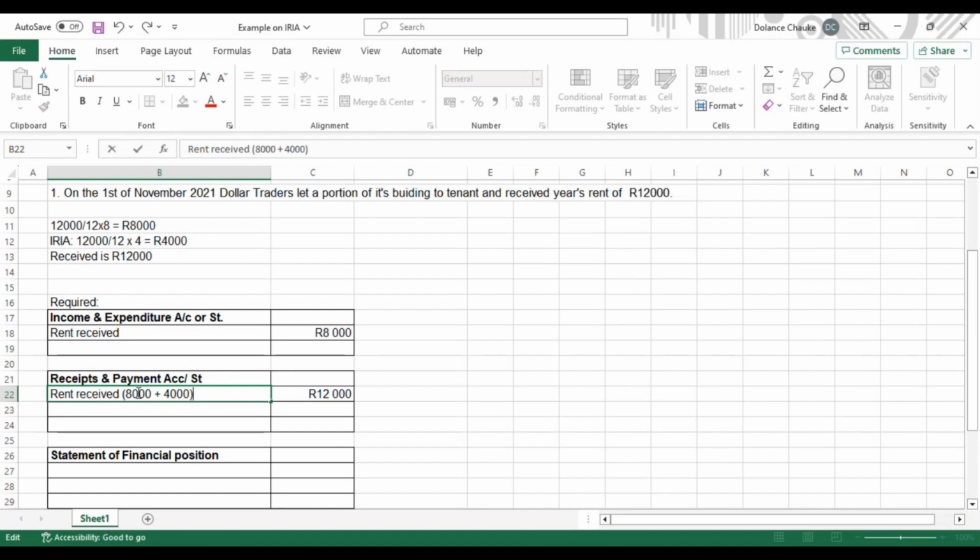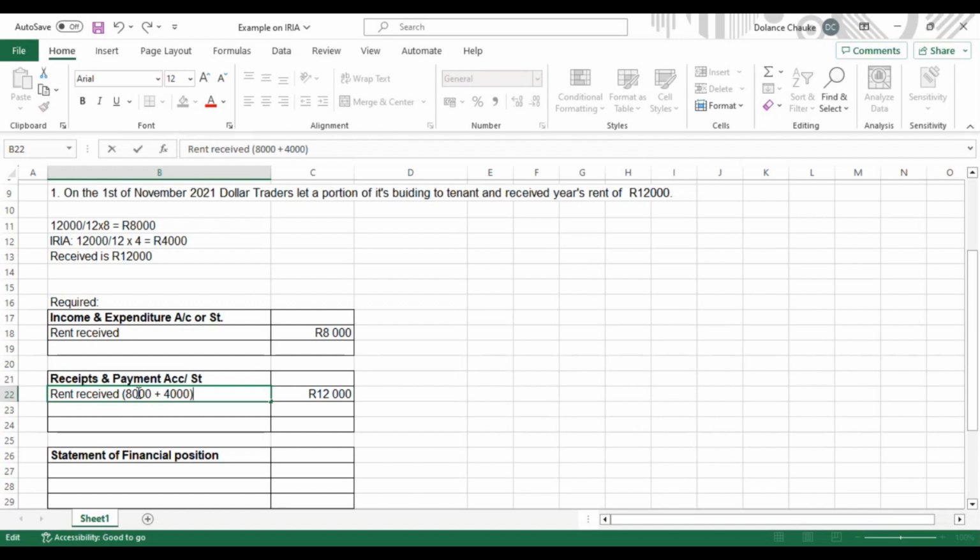That is what we received. Remember I said to you, in the receipts and payments you record the money that you have received, whether you received it for the next 3 years coming. You just record as long as you have received, irrespective of whether some of that money is received in advance or paid in advance.